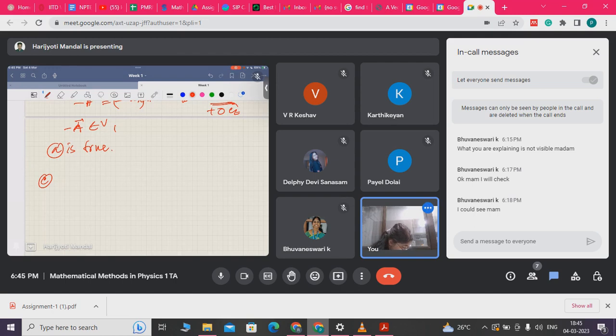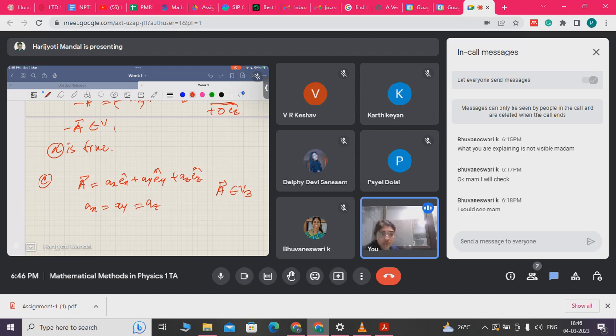Similarly, we can check C. What is this? The subset of all vectors with equal components constitutes a vector space. So A will be here ax ex plus ay ey plus az ez. Ax is equal to ay is equal to az.